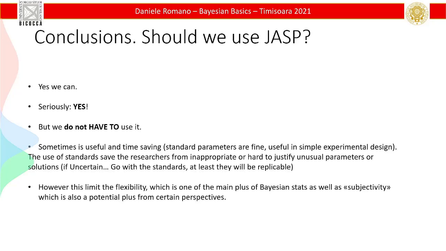If you're running a more basic Bayesian design, I think it's better than other options, because it's intuitive, fast, and easy to teach, and master students, PhD students, everyone can learn easily to use JASP and run reliable, good analyses with it. But you don't have to, and if you need flexibility, you have to go outside. Flexibility is a plus of Bayesian analysis, so at a certain point you will go outside if you start doing this stuff.